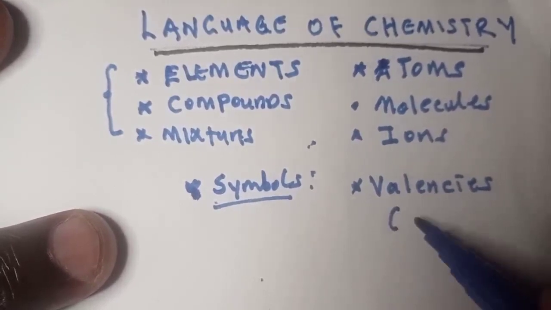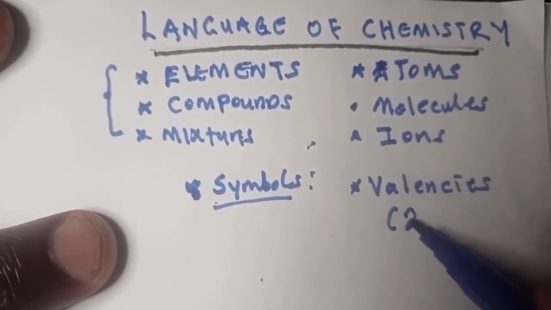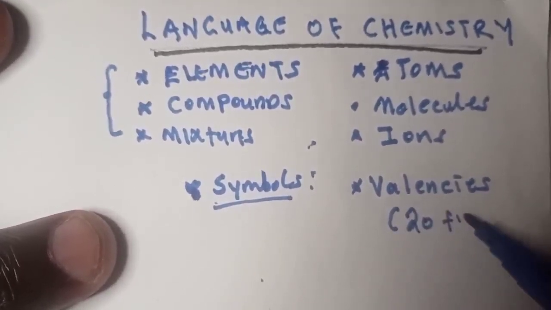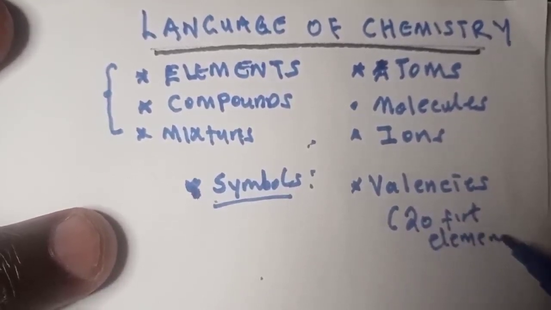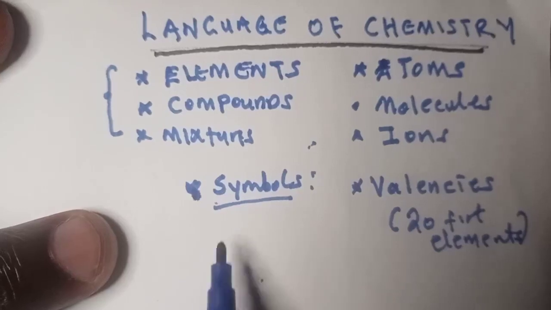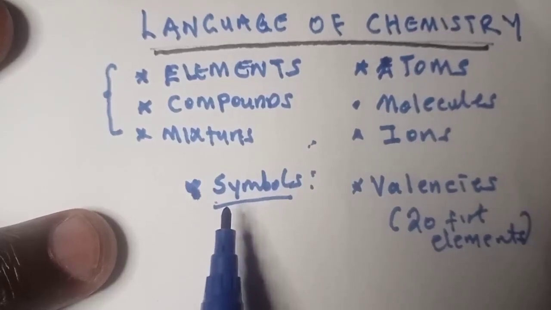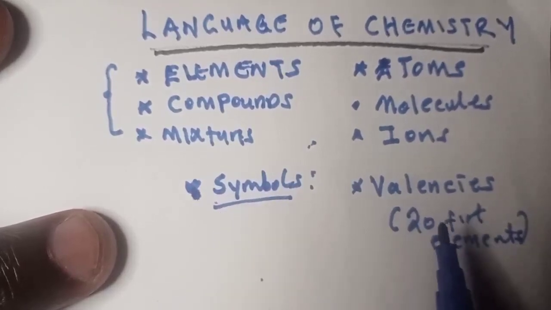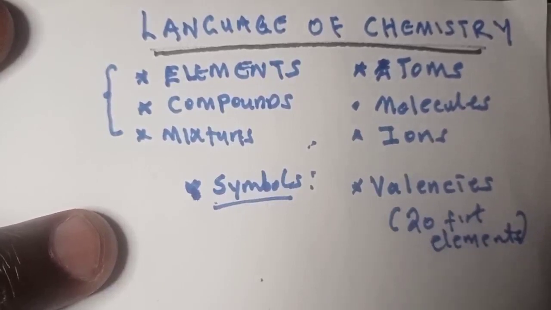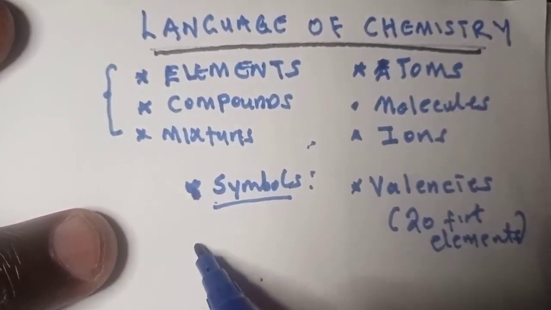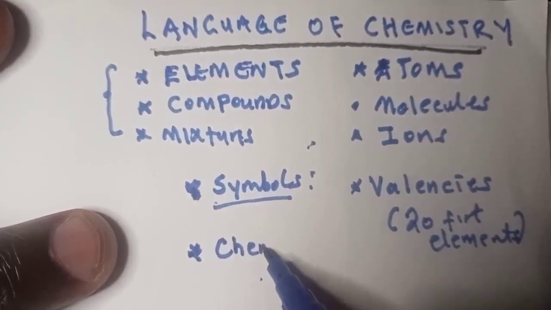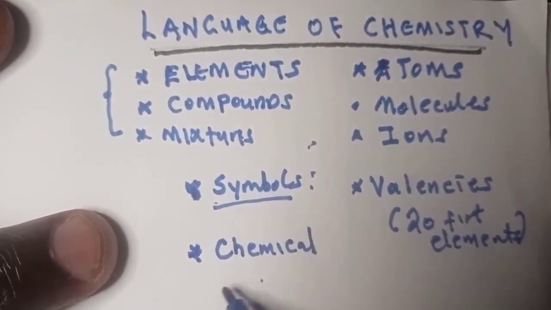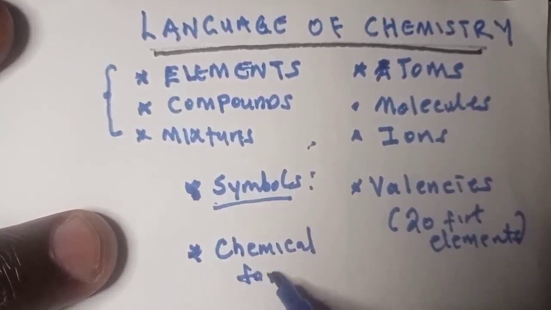The most important ones are the first 20 elements on the periodic table. You need to know their symbols and their valences. Apart from the valences, you also need to know the chemical formulas for compounds.